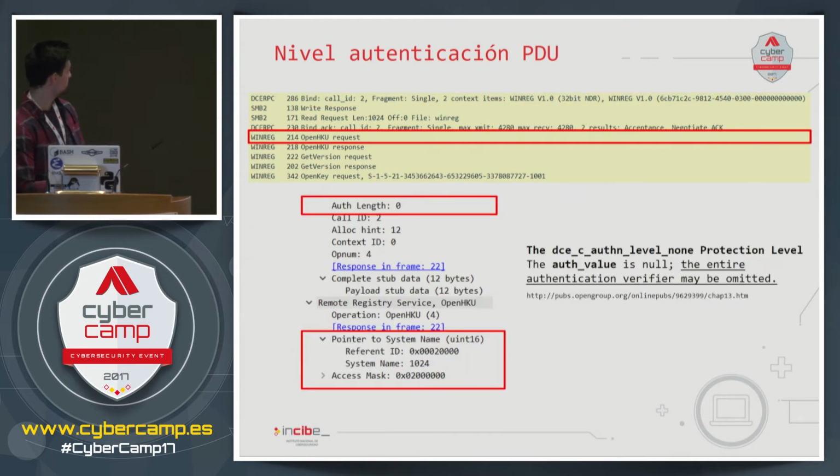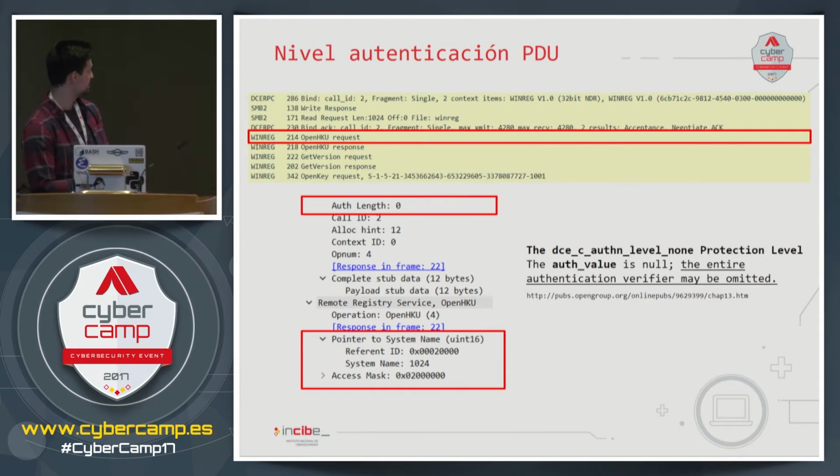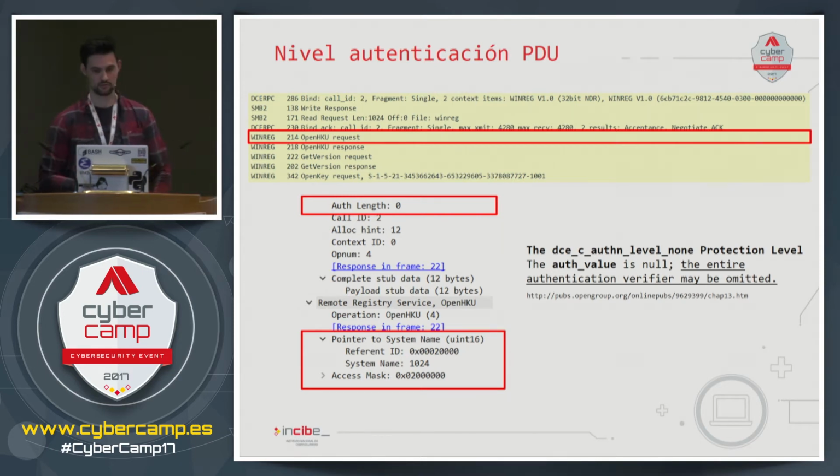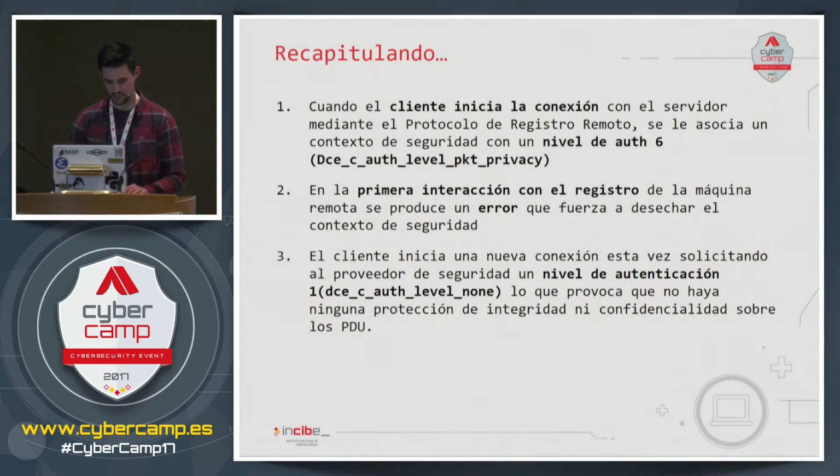And if you go further and look, you can see that the authentication length is still 0. So it's true that we're negotiating an authentication level of 0 or 1. And here we can see in the specification itself that in the case that you're negotiating this level, the authentication length is 0.